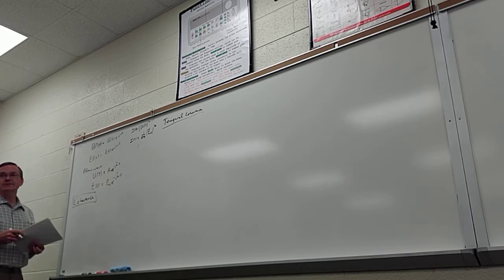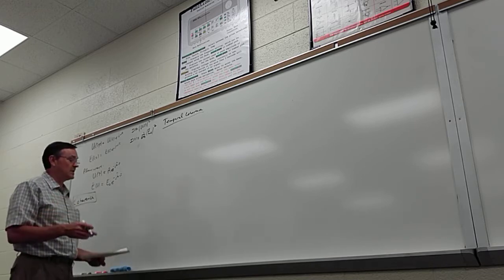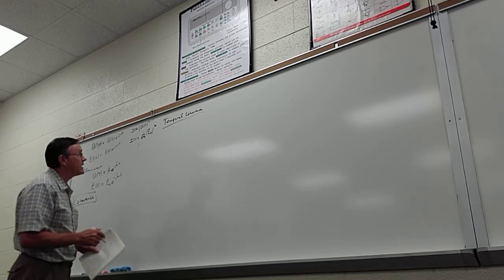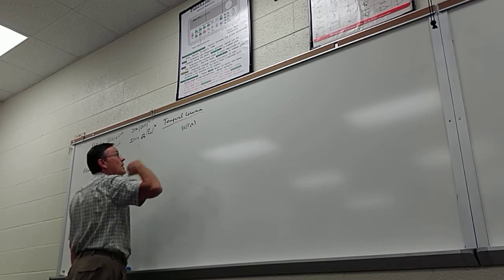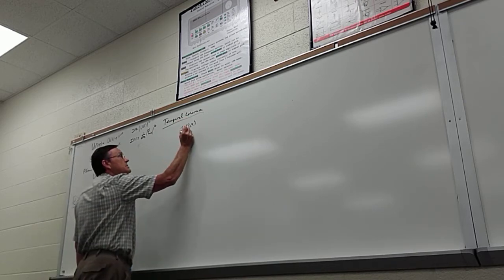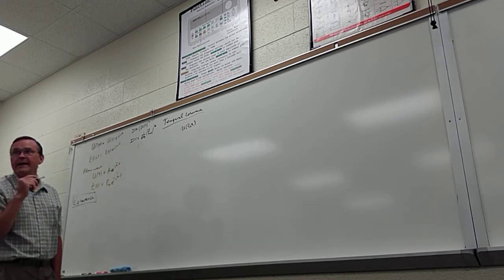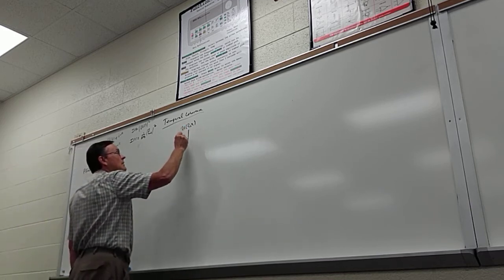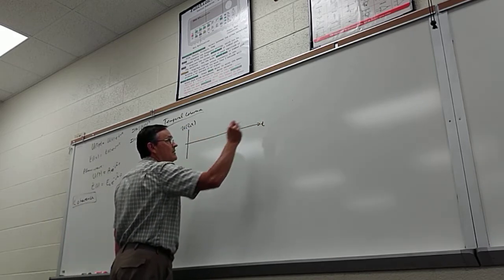But first of all, let's just have a notional idea of what temporal coherence means and then spatial coherence. So let's say that I have some real optical field, and let's say I'm looking at a specific position in space, r0. And let's plot that field as a function of time.